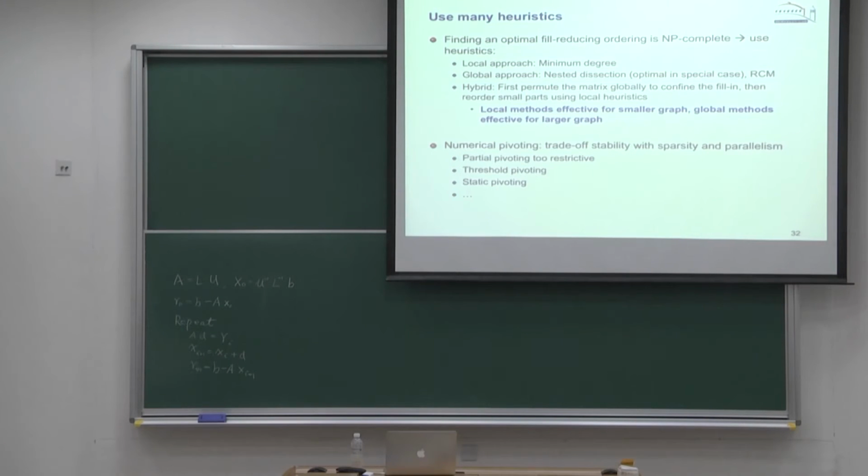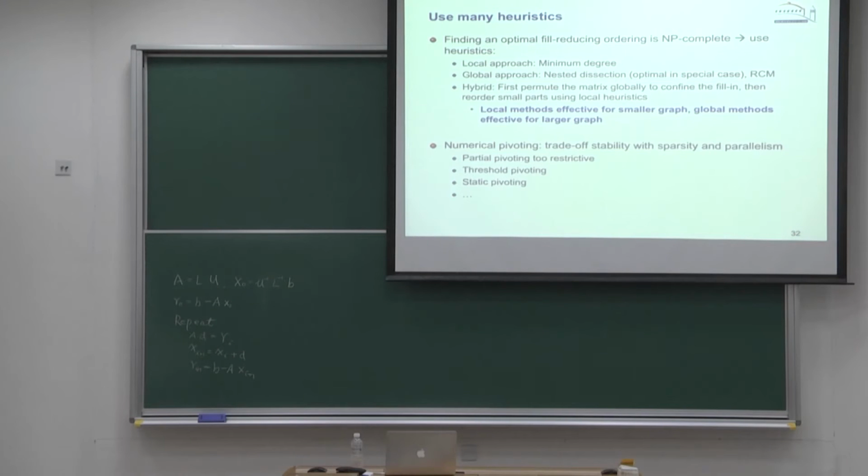So I'll just want to summarize this lecture about several points that we have studied. In this sparse factorization field, it's a big headache to find the best ordering for a general graph. Remember I talked about ND, nested dissection, which I said is optimal, but that's only for a special class of graph.